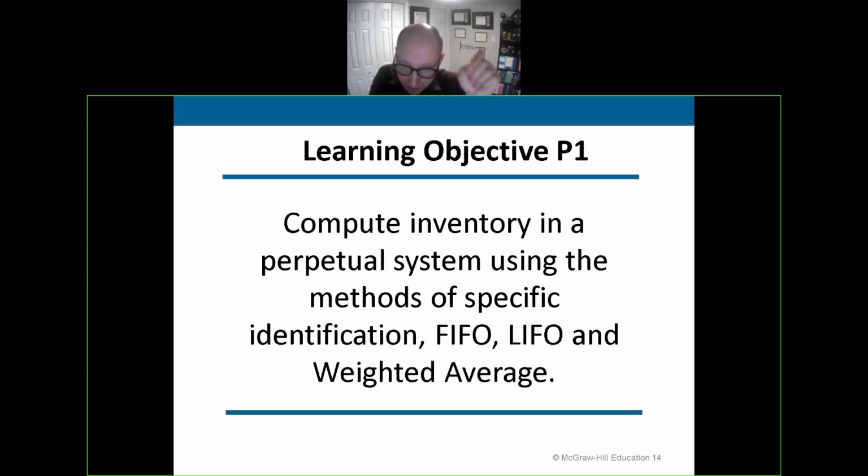Thinking about the grocery store example for first in, first out, we scan the barcodes from the fruits and vegetables and all of the boxed goods and everything at the grocery store usually has a barcode on it. Sometimes we weigh things, but you get my point. The grocery store uses a perpetual inventory system. And I want to show you how to compute first in, first out, last in, first out, and weighted average using that perpetual inventory system.